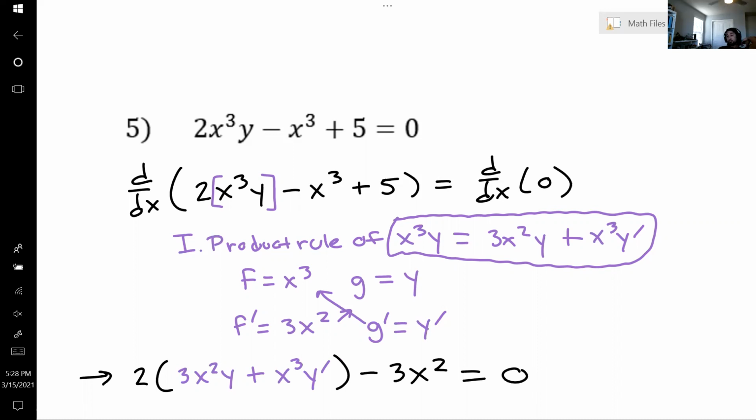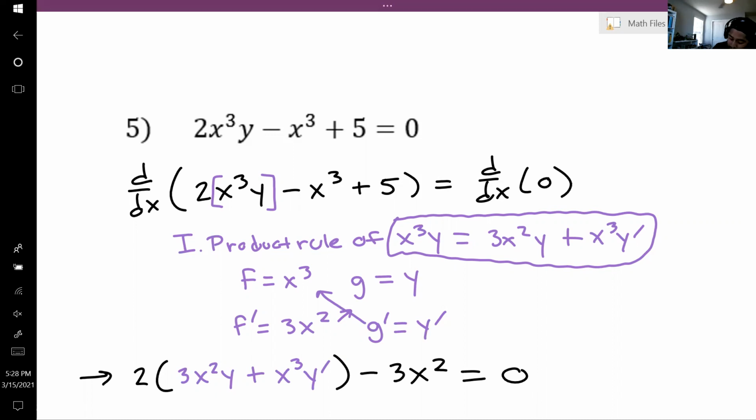There we go. Okay, so again, after you take the implicit derivative, solve for y prime. So we're going to distribute that 2.